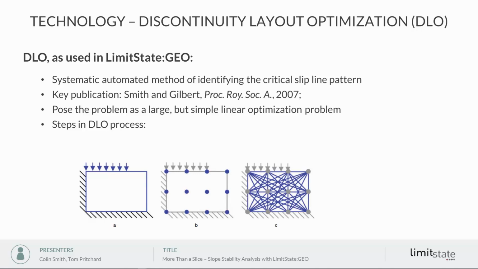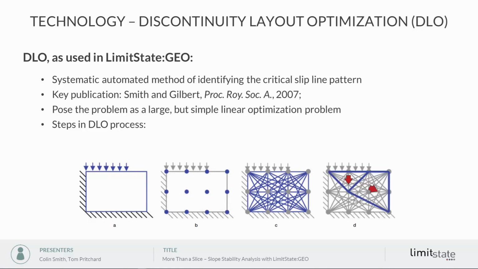And we then use optimization to pick out the set of connections that form a collapse mechanism that essentially dissipates the least energy. That's your critical collapse mechanism. And out of those 66 lines, we get 6 lines which give us this collapse mechanism. So if you like, this is solving a surface load against a vertical cut in a very simple way with only 12 nodes.